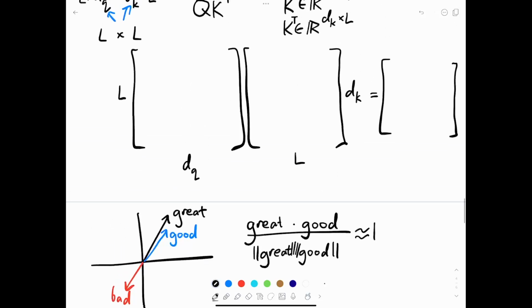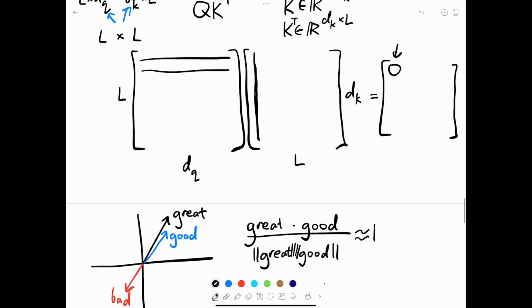And by taking a dot product between a row of the query matrix and a column of the keys matrix, we'll get some score for how similar they are in this element here. And that's the same for the second query and the first key here, and so on for the rest of the matrix.